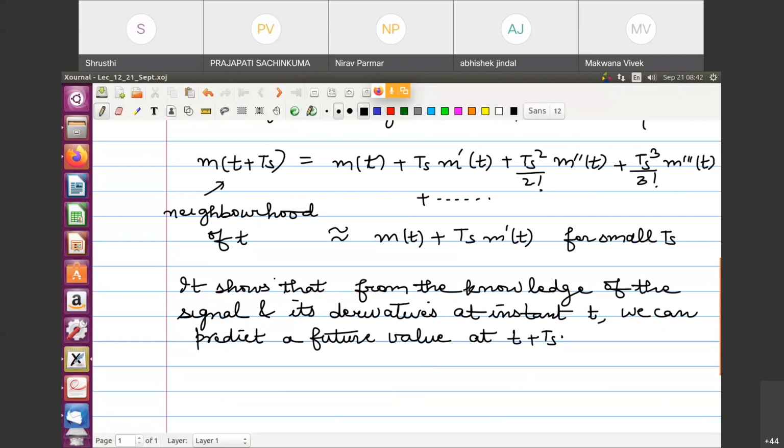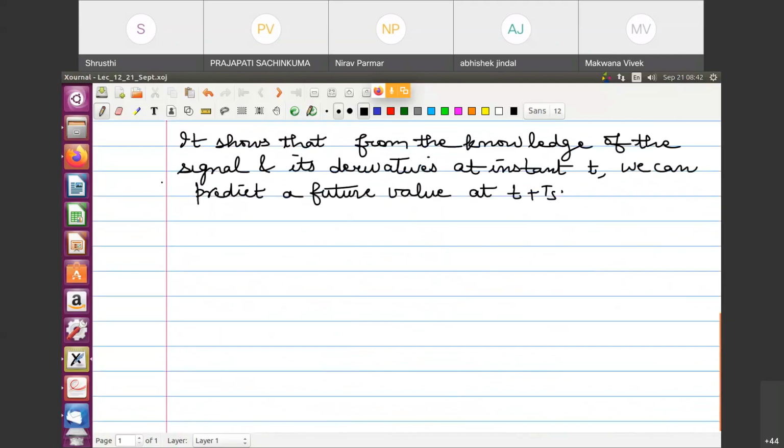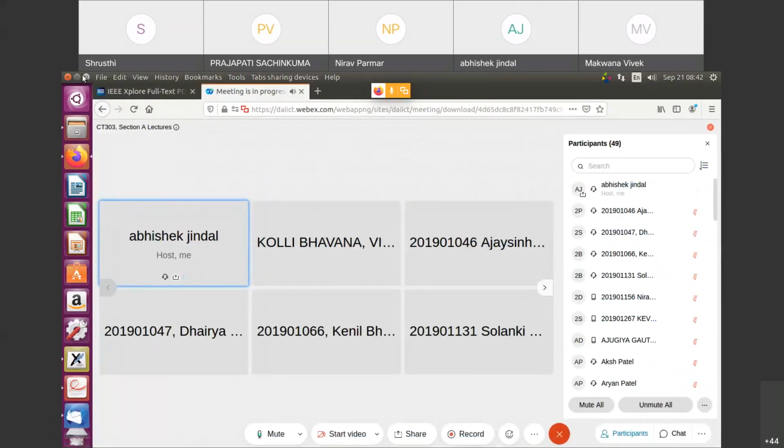Okay. So this is what it shows. So this is the founding principle behind designing the predictor, which we would be studying. Okay.